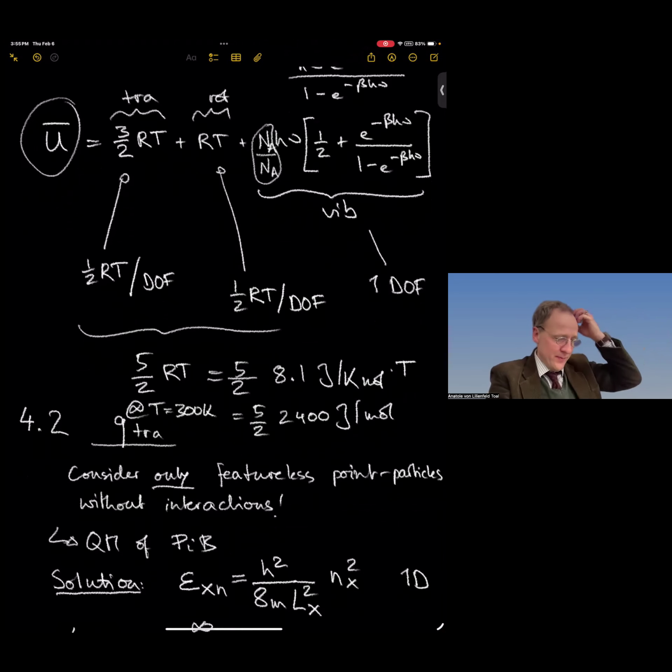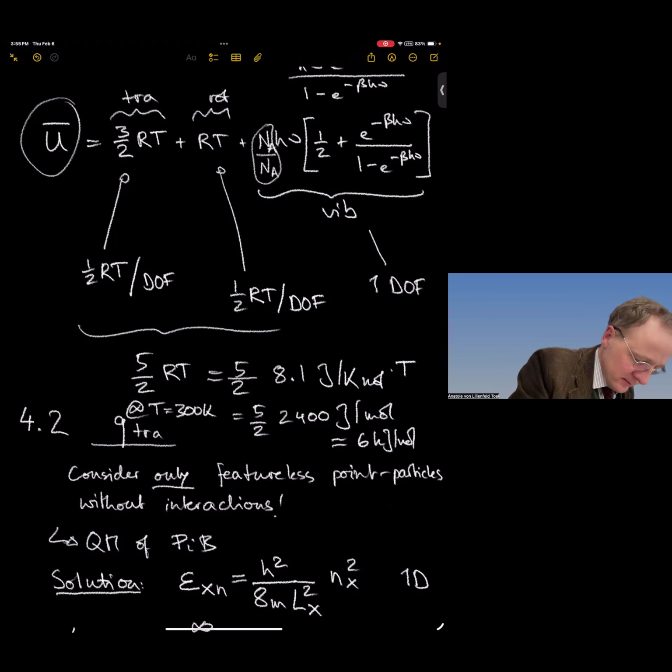And so this is roughly 6 kilojoules per mole. What you get from translation and rotation.